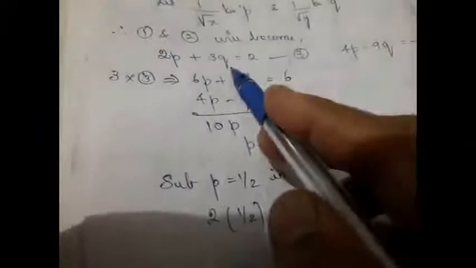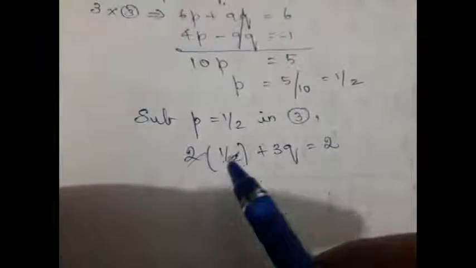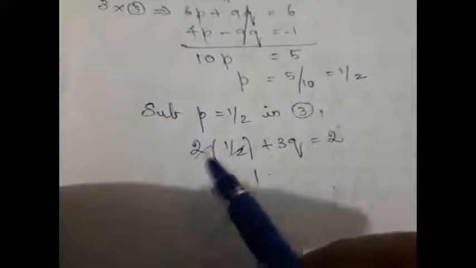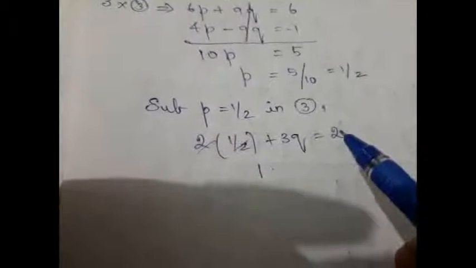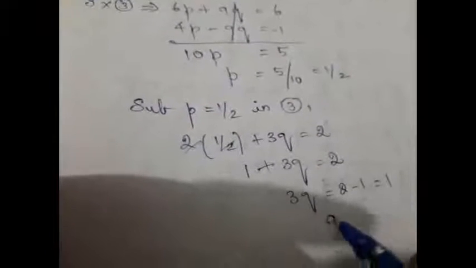I am substituting in the third equation. 2 will get cancelled. So many will make this kind of silly mistake also. After cancelling it, they will completely leave this term and move on to the next term. Here 1 is there, remember. So 1 plus 3q equals 2. So 3q is equal to 2 minus 1 which is 1. Therefore q equals 1 by 3.